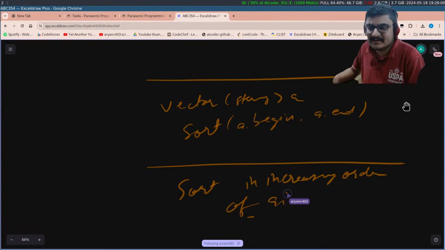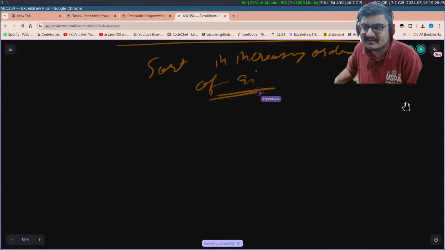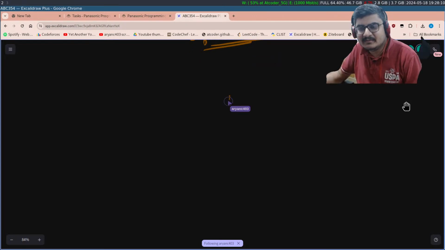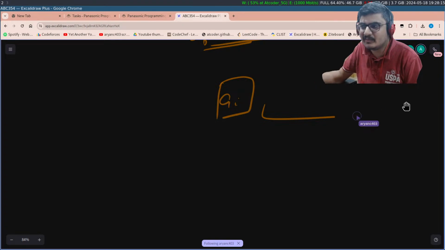So we can keep maintaining the suffix minimum cost, the minimum cost in the suffix, and just compare it with the current value over here.